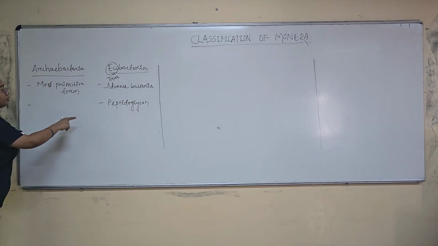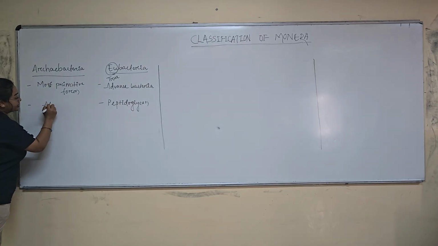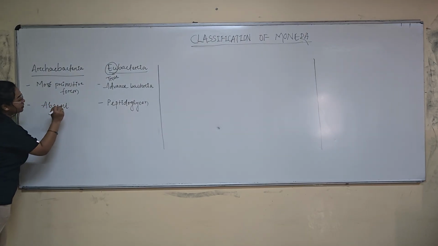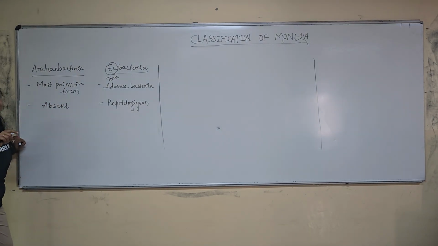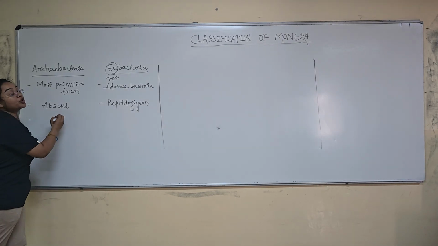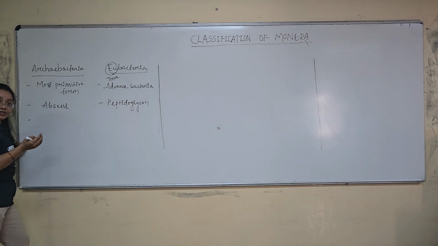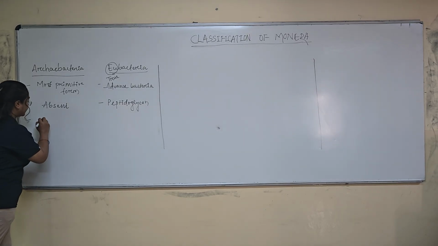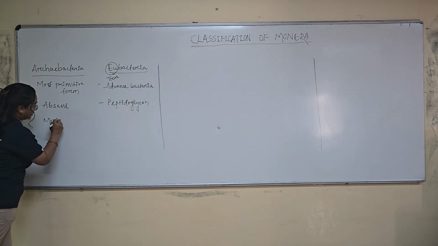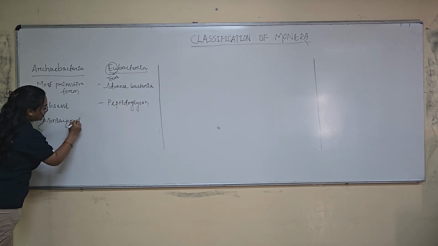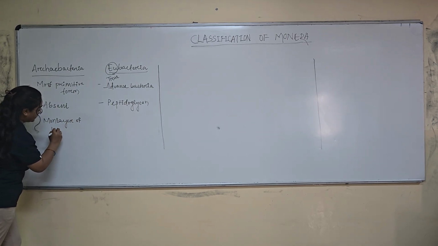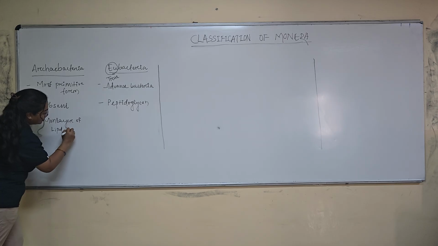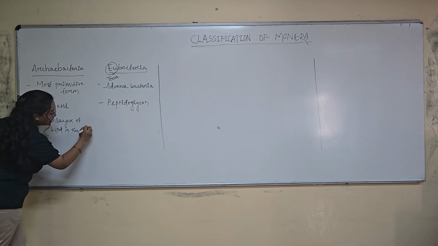So this peptidoglycan is seen here, but in case of the Archaebacteria, also, the lipid is monolayer. We know about the bilayer structure in the plasma membrane, but it is a monolayer of lipid in the plasma membrane.